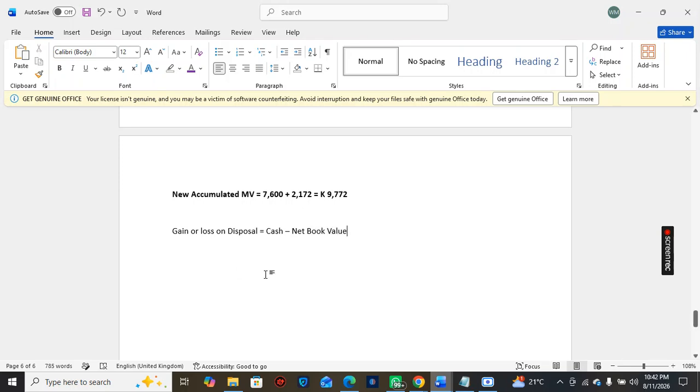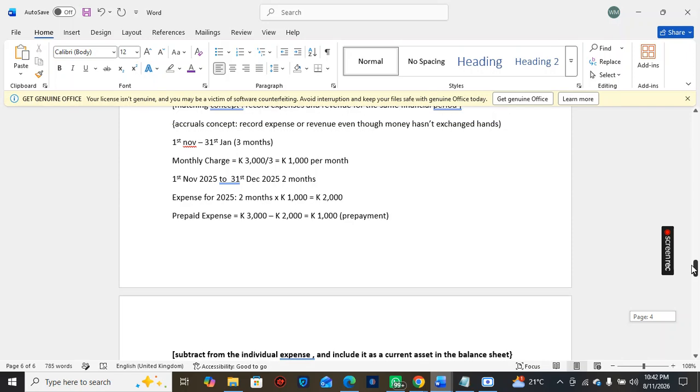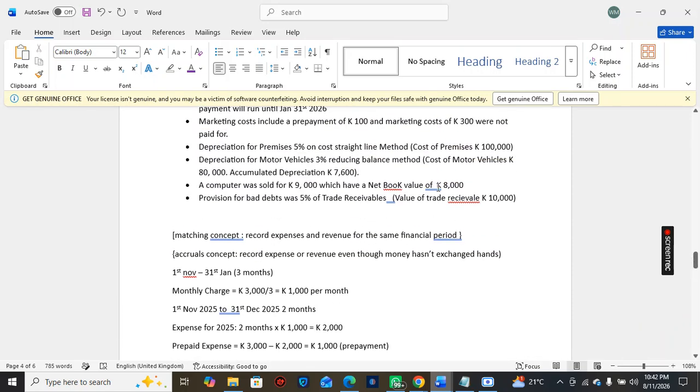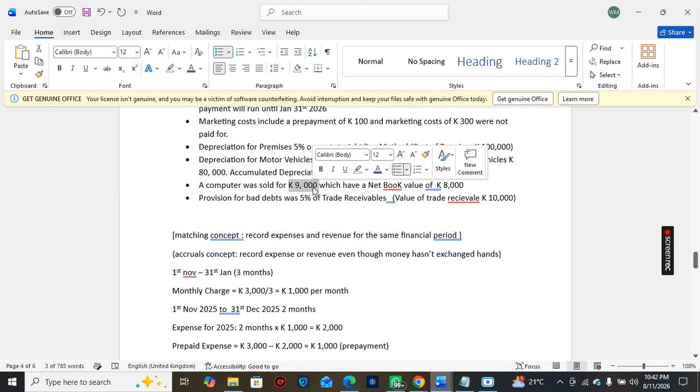So you're comparing how much you received for the asset versus how much the asset was worth. Like in this case, colleagues, this computer was worth 8,000 kwacha, but we sold it for 9,000 kwacha. So it means we've gained, okay?